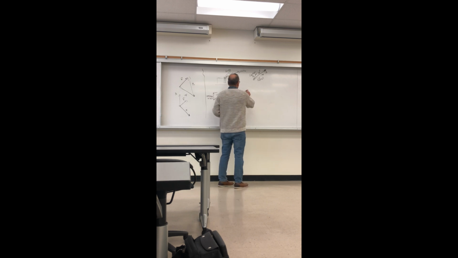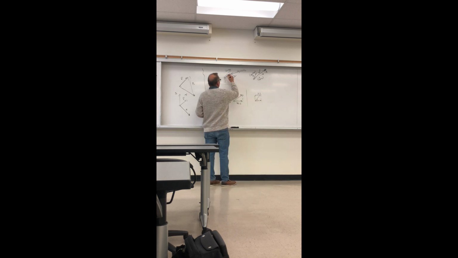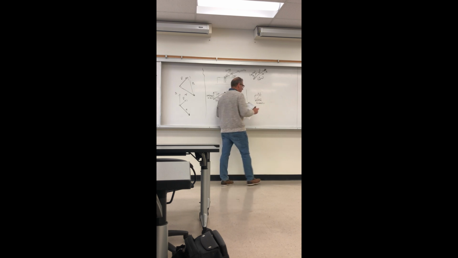Now let's look at the other force. This angle from the horizontal is 50 degrees. So this is 60 times the cosine of 50 degrees, 38.6.